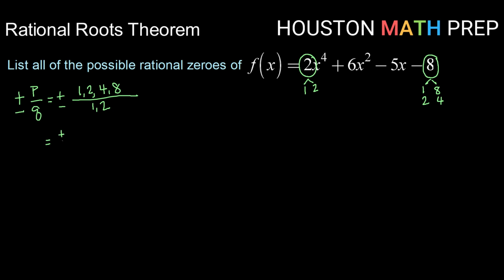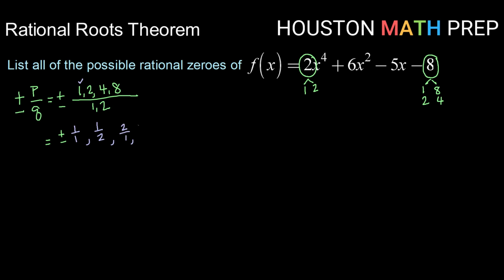So now that we have something other than just 1 in the denominator, let's look at how this works. We're going to list every value of the numerator over each value in the denominator. So that's going to give me 1 over 1, which is 1, and then 1 over 2. Okay, that takes care of 1. Now same thing here.